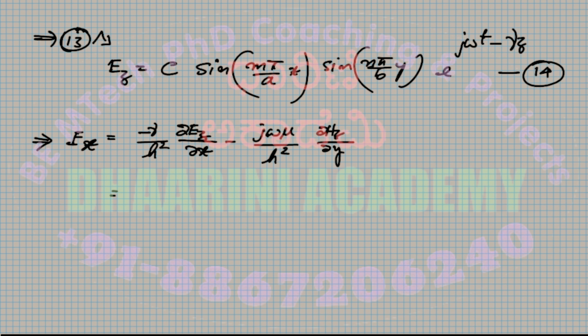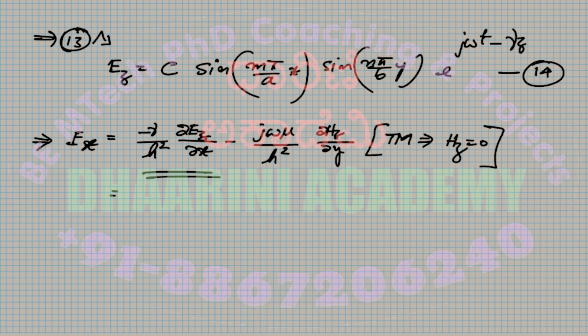TM implies Hz equal to 0. So I just have to write the first part; I don't have to do the second half because Hz equals 0. But I wrote the complete equation for our reference, out of which I'm substituting only for Ez.